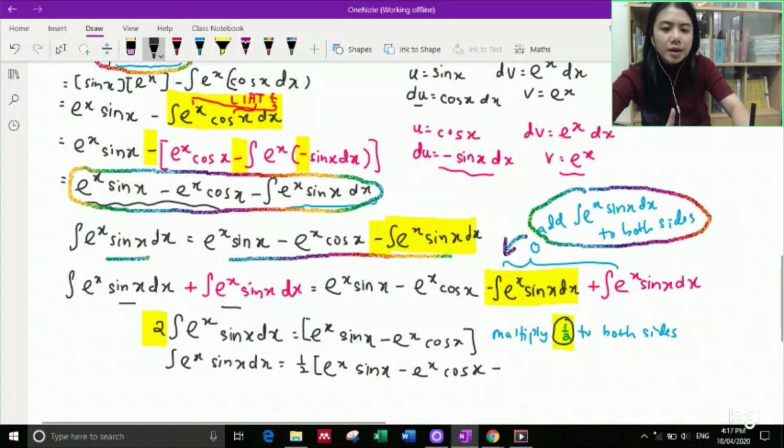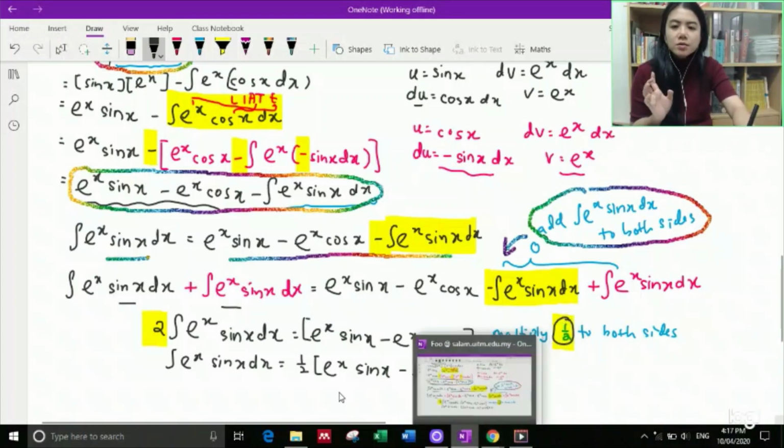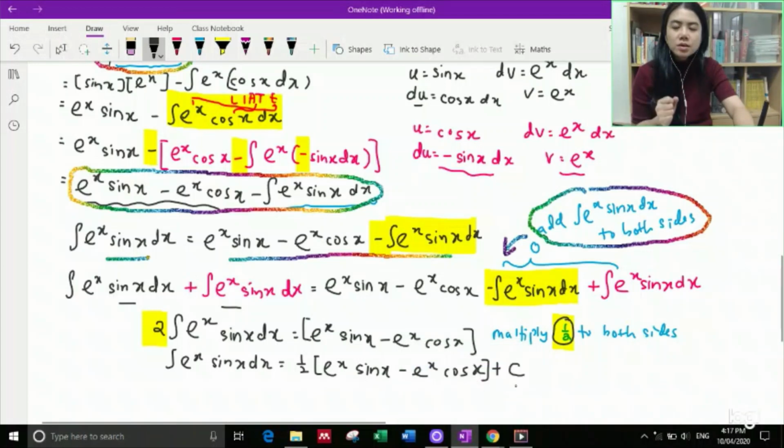Then we have a plus. So this is the result, and don't forget to write a plus C. So this is the result for example number 4.